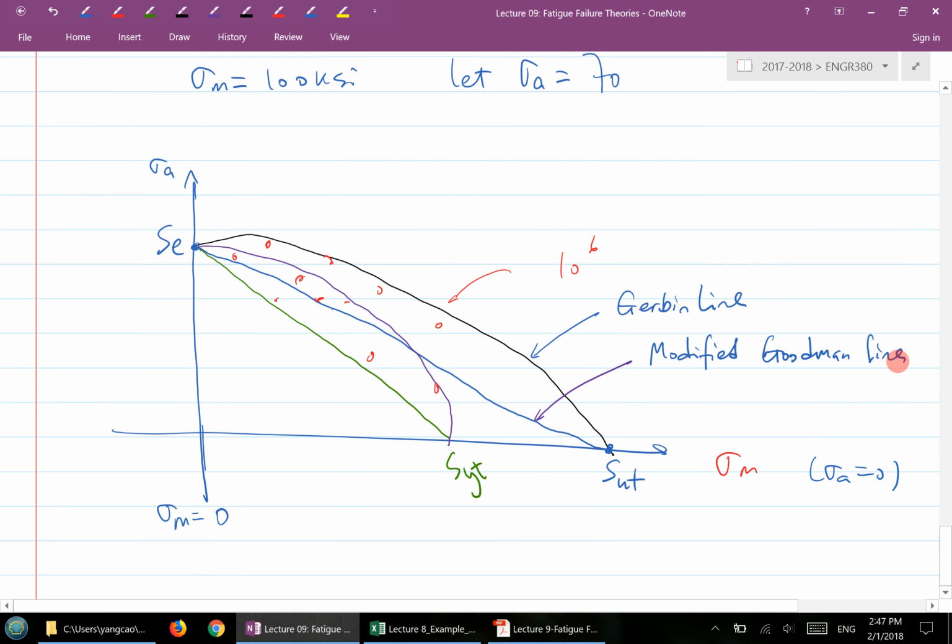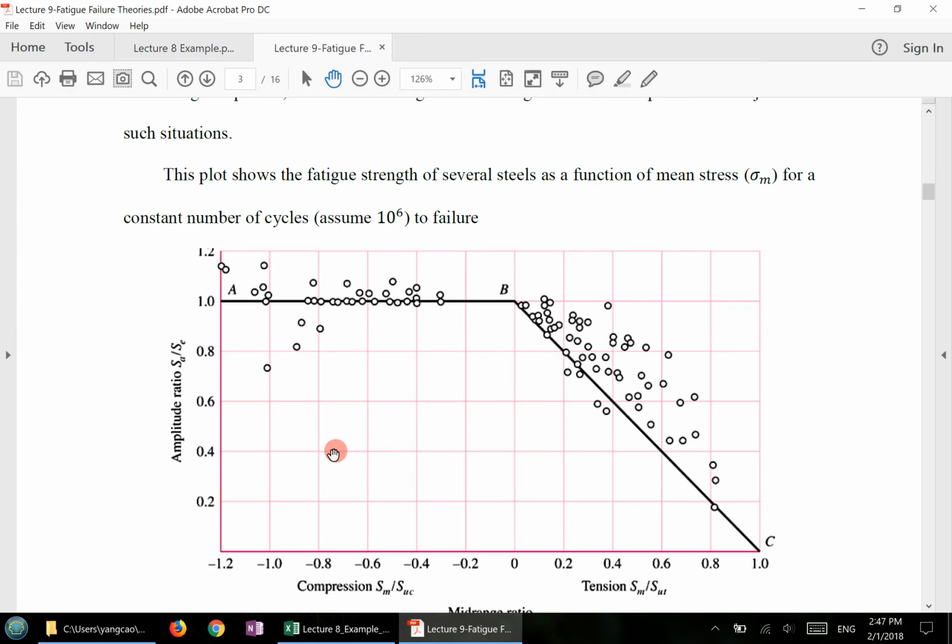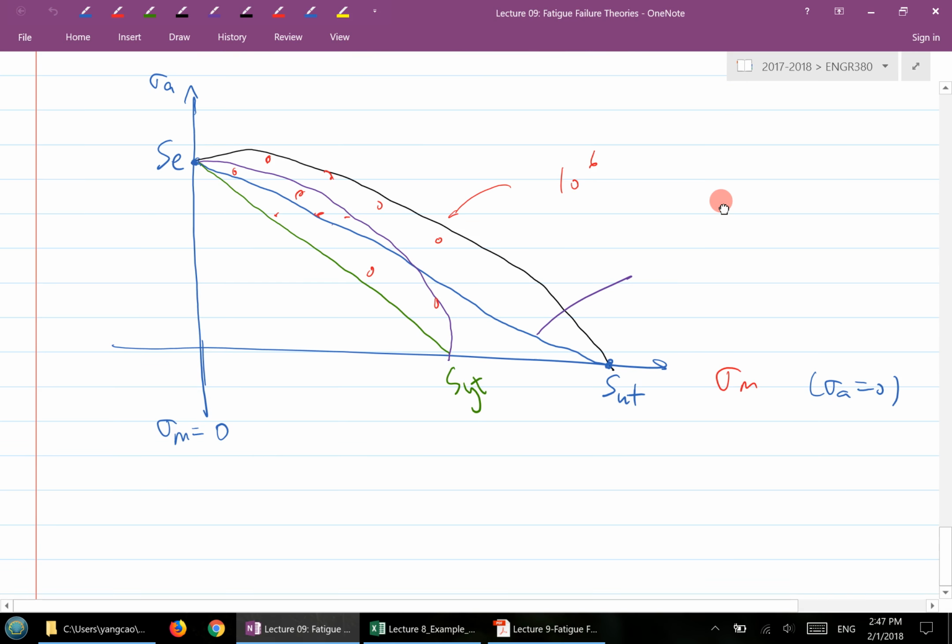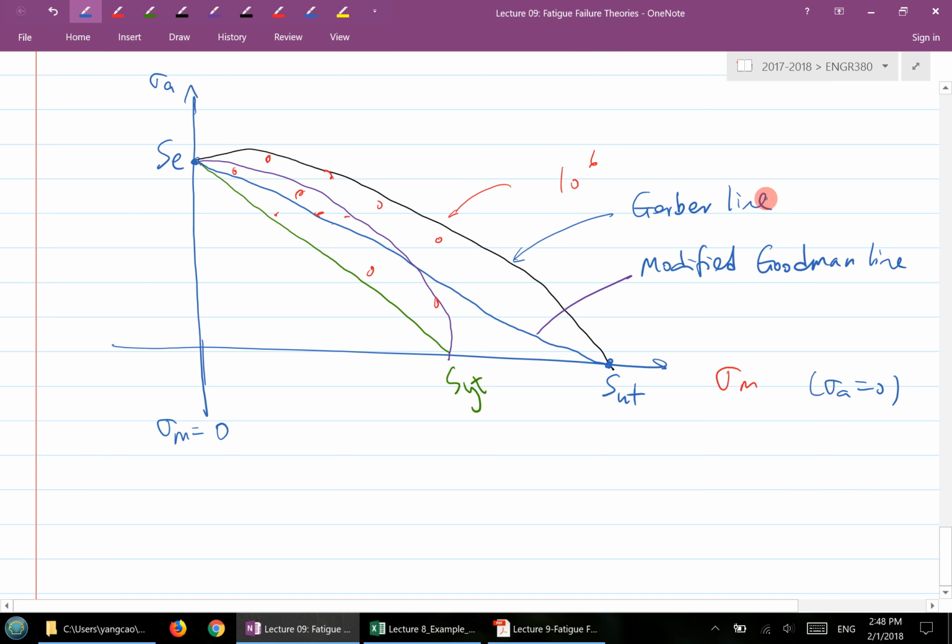The green one here is called Soderberg. The purple one here is called the ASME elliptic line.